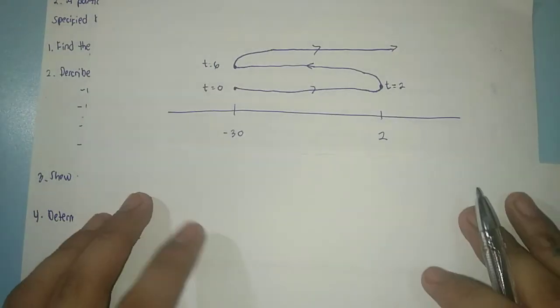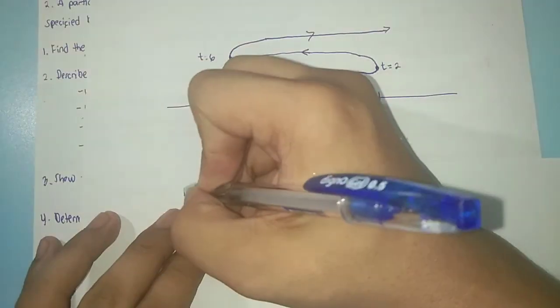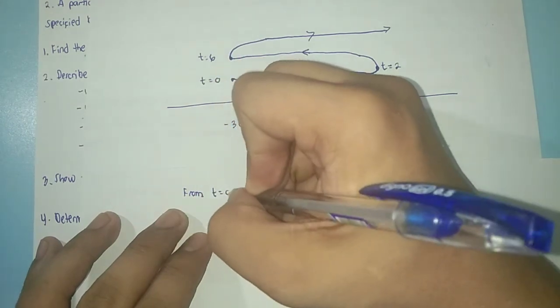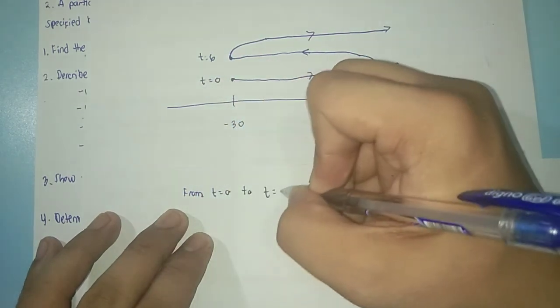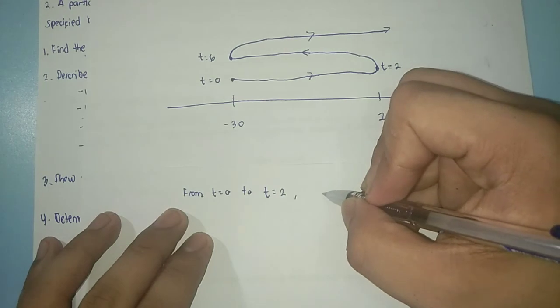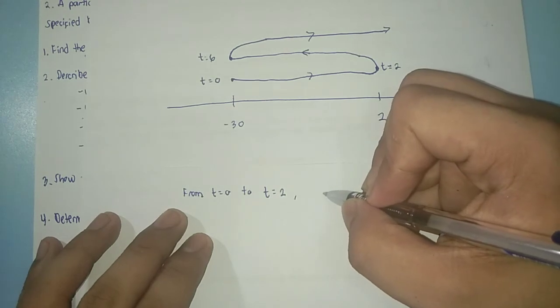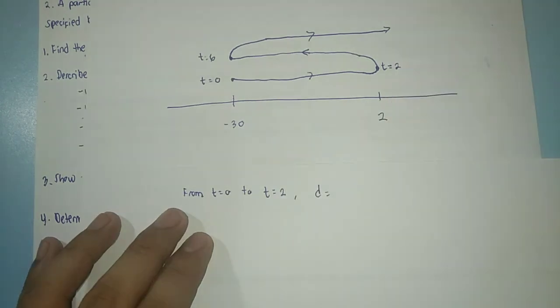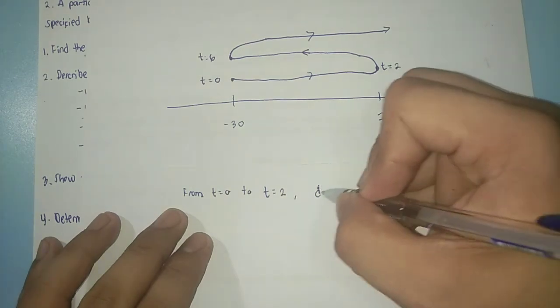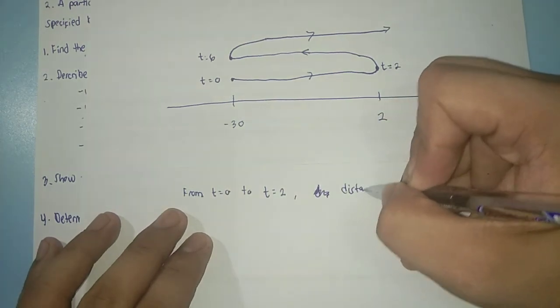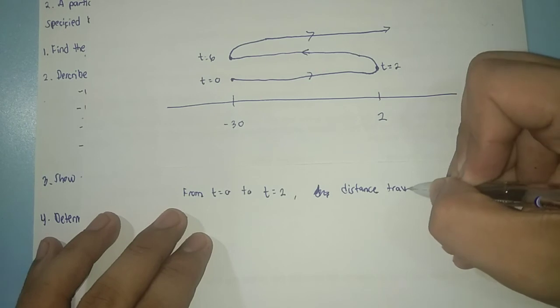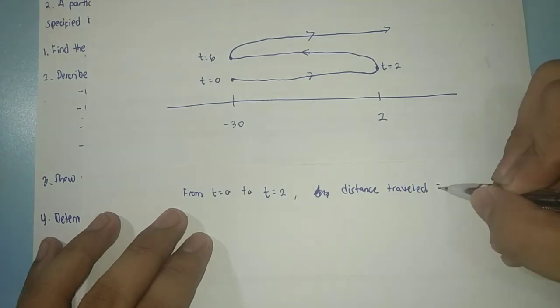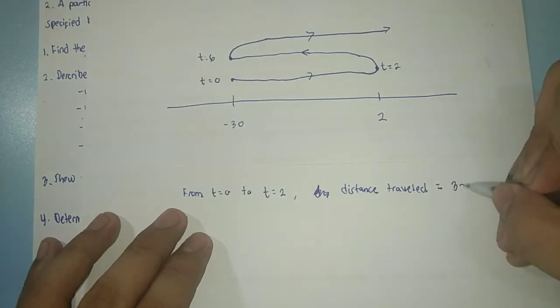So from t equals 0 to t equals 2, ang na-travel ay ang total distance traveled, 32 feet.